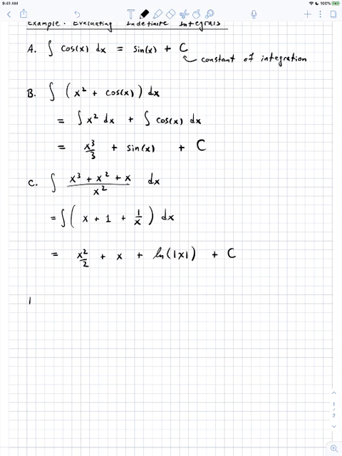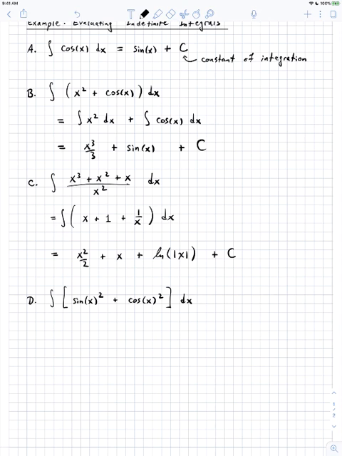Let's try another one. The indefinite integral of sine x squared plus cosine x quantity squared dx.